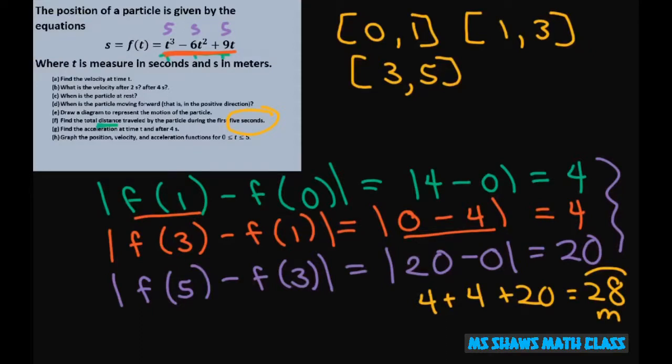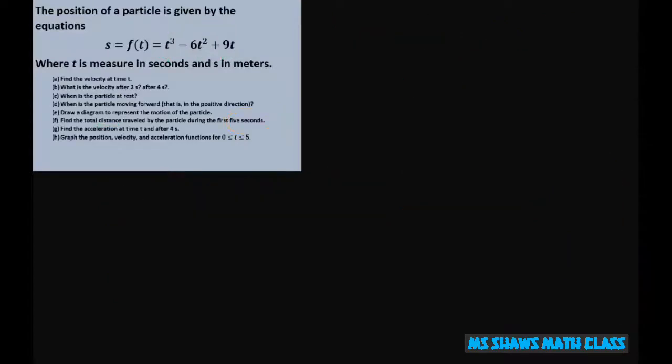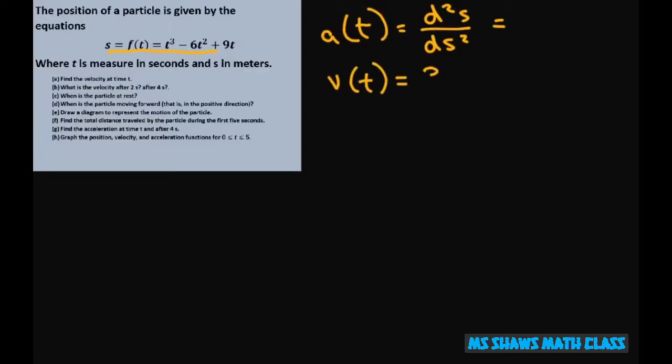All right, next one, acceleration at time t after 4 seconds. To get the acceleration, basically all you're doing is taking the second derivative of this. So you can just take your velocity of t. That's 3t squared minus 12t plus 9. So your acceleration of t is just the derivative of your velocity.